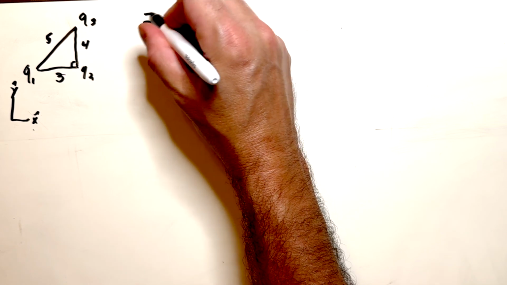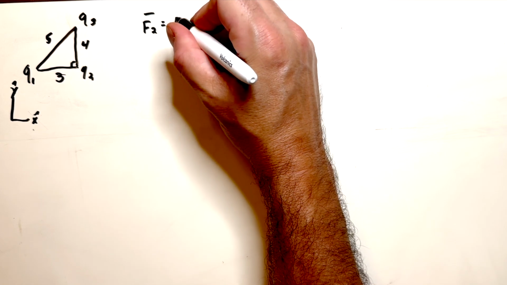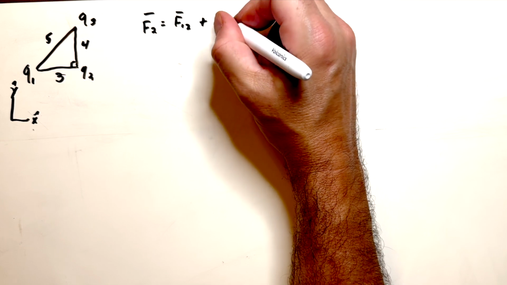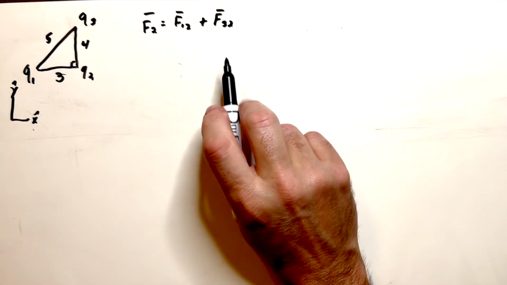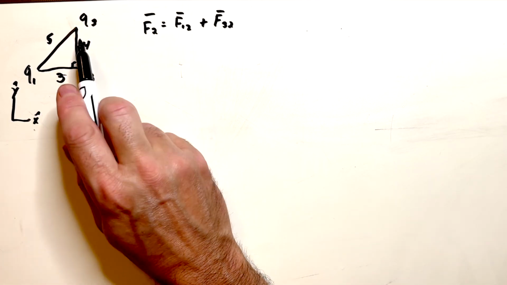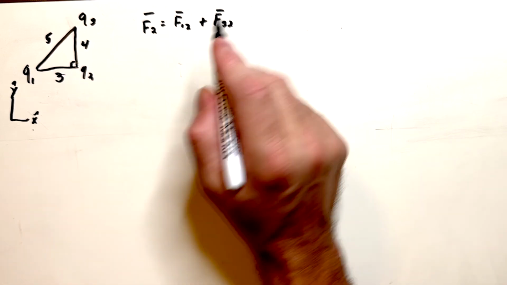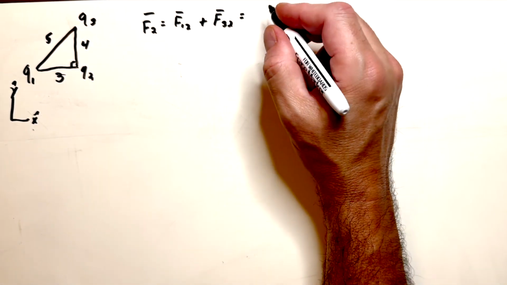So F2 will be equal to the force of 1 on 2 plus the force of 3 on 2. Remember, this is the principle of superposition, so we only have to consider each charge contributing to the net force on charge Q2. And so now I need to write F12.